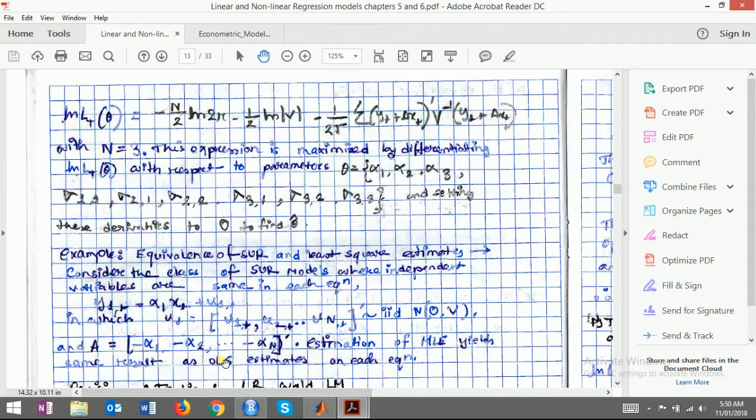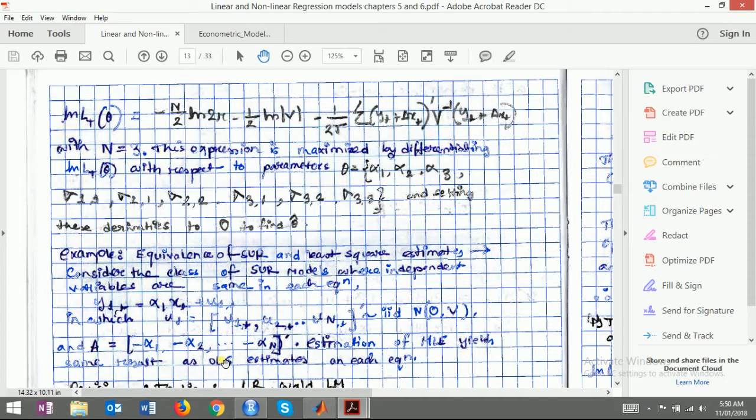The log likelihood function of this seemingly unrelated regression is minus n by 2 log 2 pi minus n by 2 log of the absolute value of the determinant of V, or here I think it's just omega, minus 1 by 2t multiplied by the decomposition, which is first yt plus A xt transpose, V transpose multiplied by yt plus A xt.